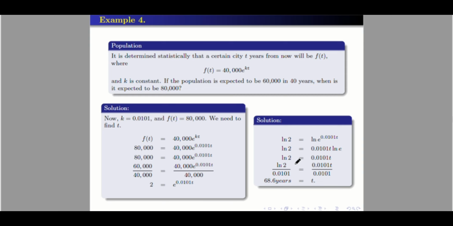Using your calculator, we will arrive at 68.6 years. So after 68.6 years, we will arrive at 80,000. The population will be 80,000.